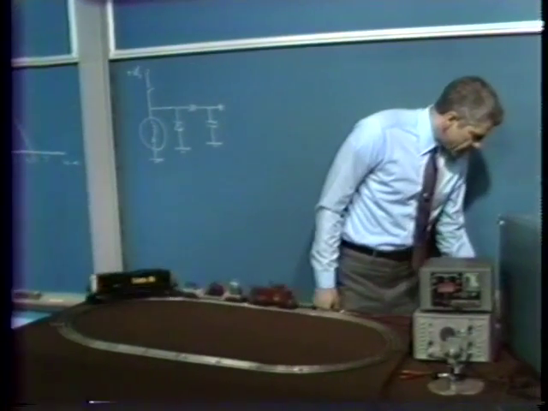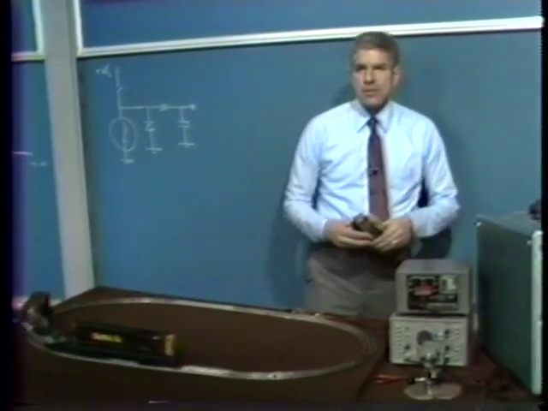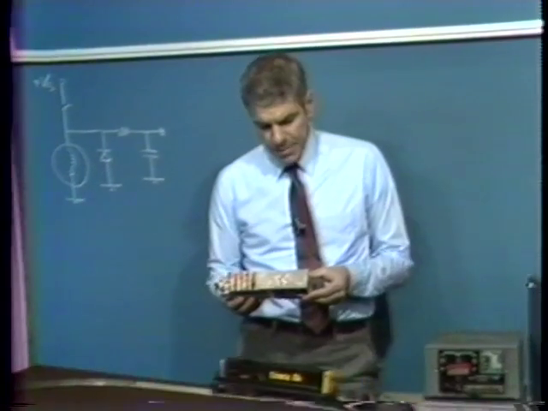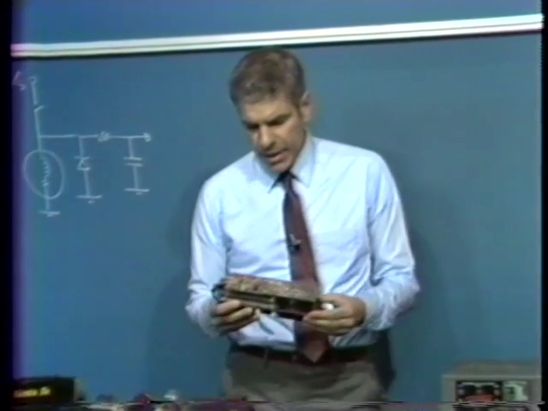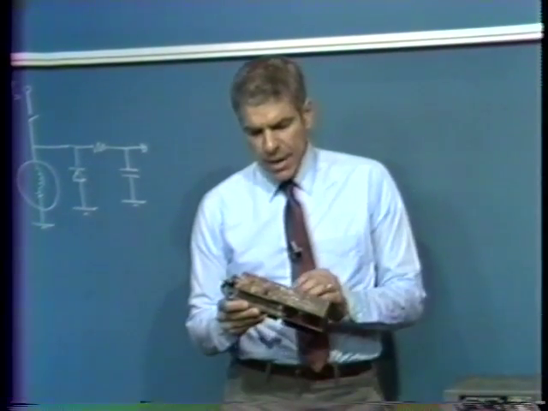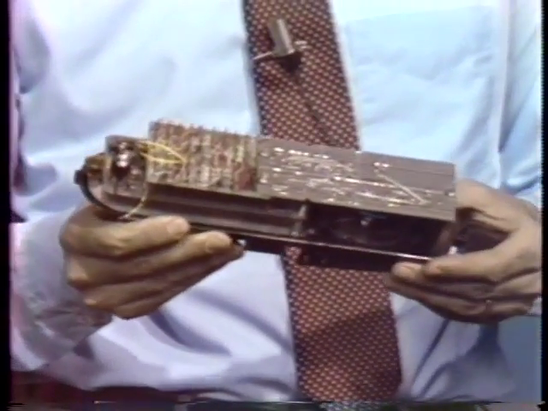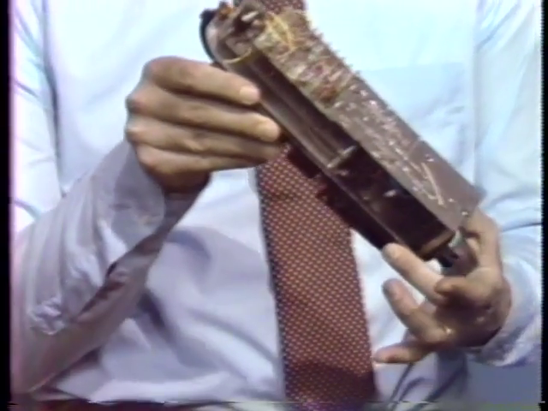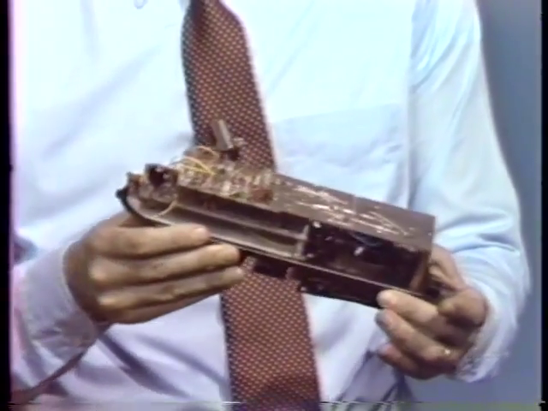The technique is to measure the speed of the engine, and I'll describe in a moment how we accomplish that, and then build a feedback system that makes the engine run at a prescribed speed. And I have an engine that incorporates these features here.